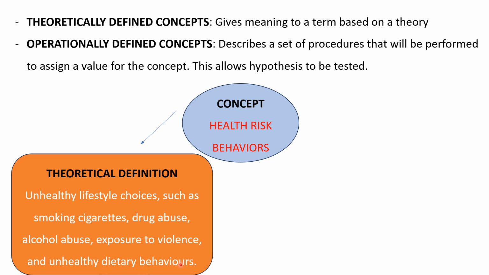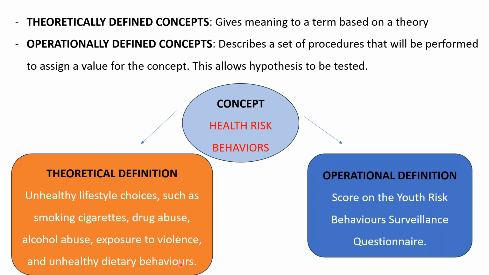Then how can health risk behaviors be operationally defined so that we can assign a value? Score on the Youth Risk Behavior Surveillance Questionnaire. So this is how a concept can be theoretically and operationally defined.